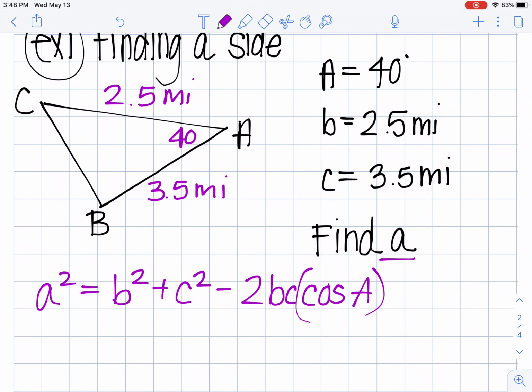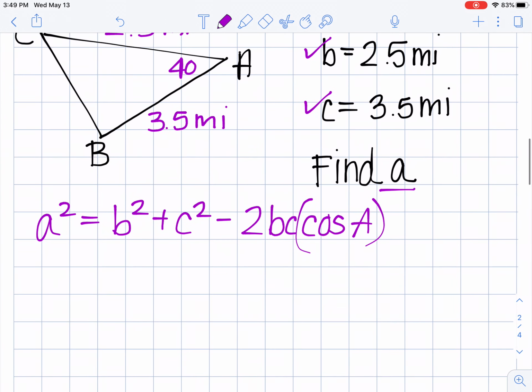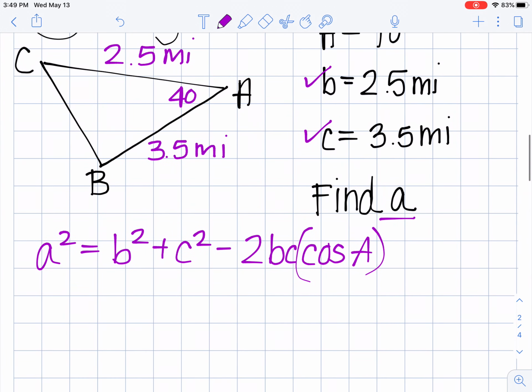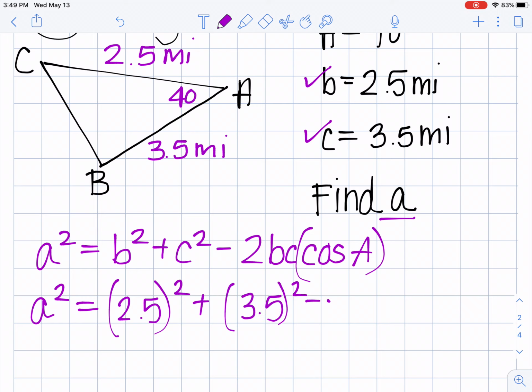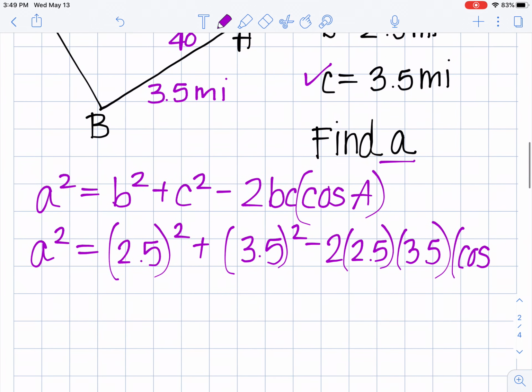Let's make sure I have all that information. I have a little b, check. I have a little c, check. And I have my angle A. So I literally just plug in all the numbers. I get a squared is equal to, and I plug in numbers using parentheses: 2.5 squared plus 3.5 squared minus 2 times 2.5 times 3.5 times the cosine of 40.